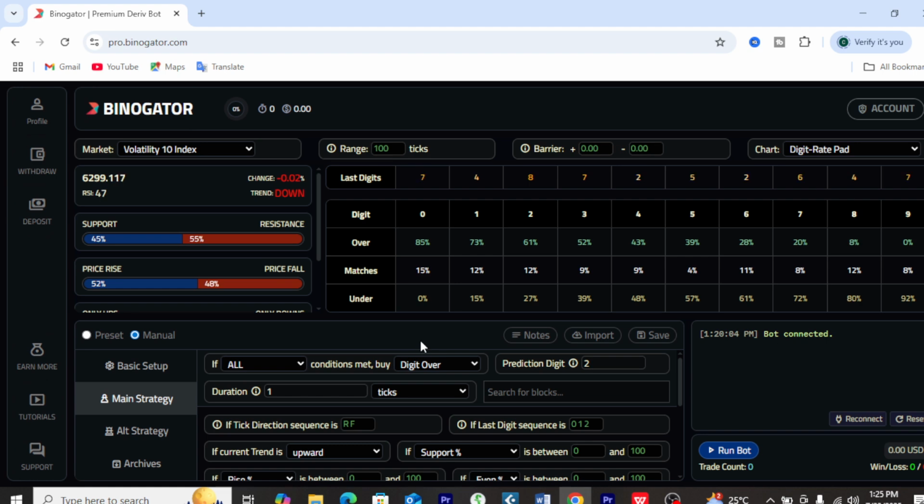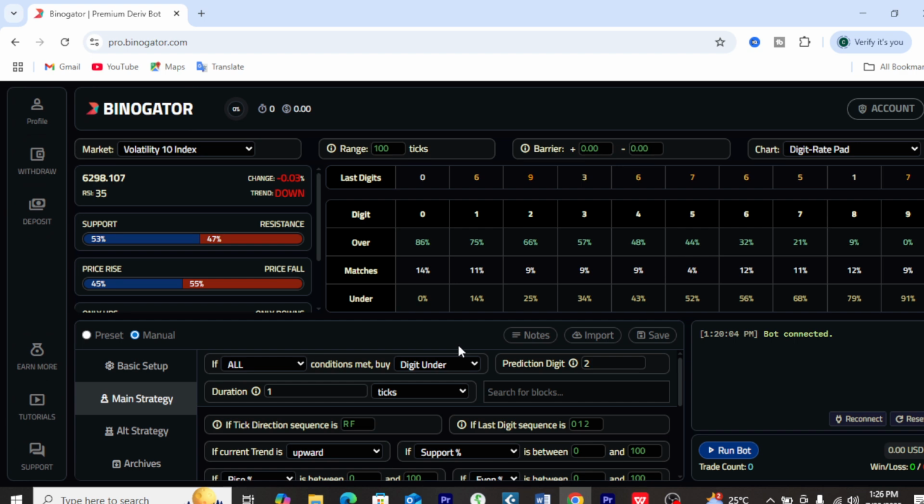But if we set it to under 2, the payout is going to be bigger, because the probability of those numbers happening is lower, which makes the profit of the stake higher. So the payout for under 2 is going to be bigger than over 2. So this is a general overview of the digit rate pad.